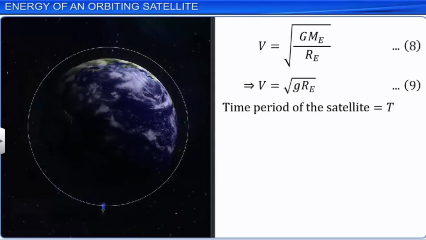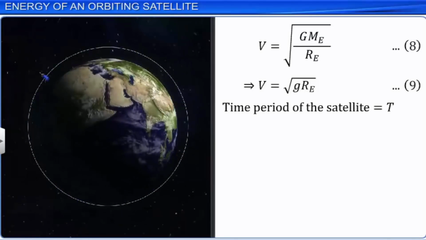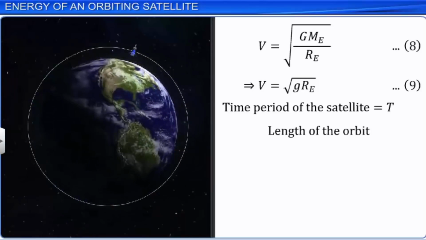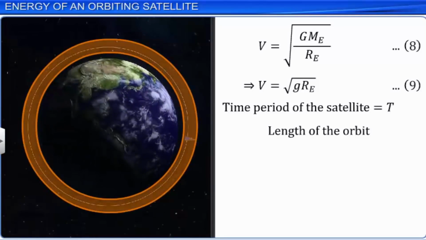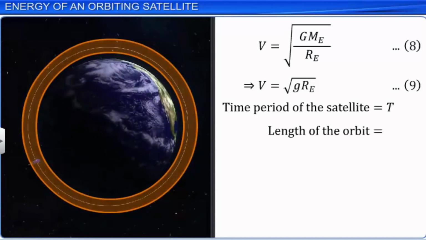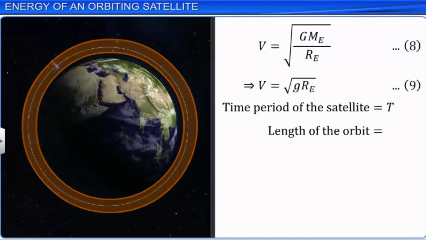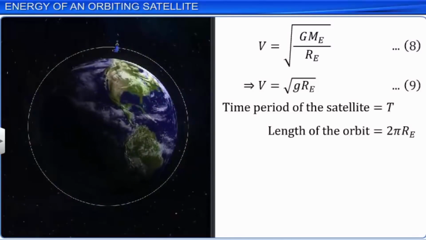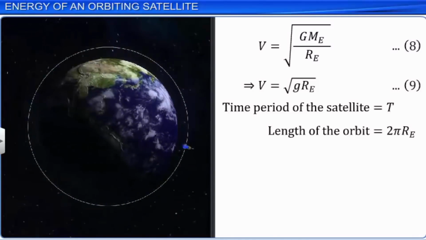Thus, the speed of the satellite in its orbit is given by the expression v is equal to 2 pi R_E divided by T. On rearranging the expression, you get the time period as T is equal to 2 pi R_E divided by v.